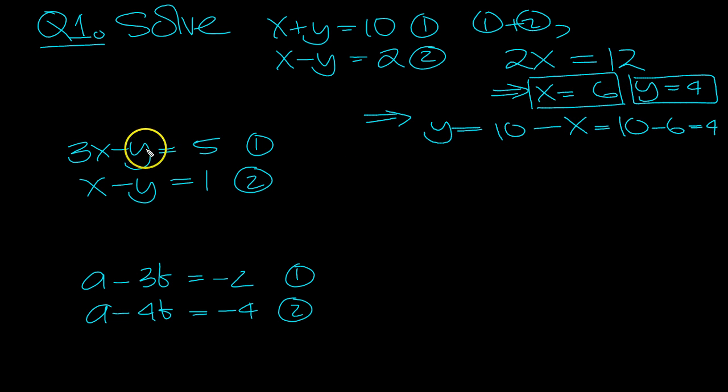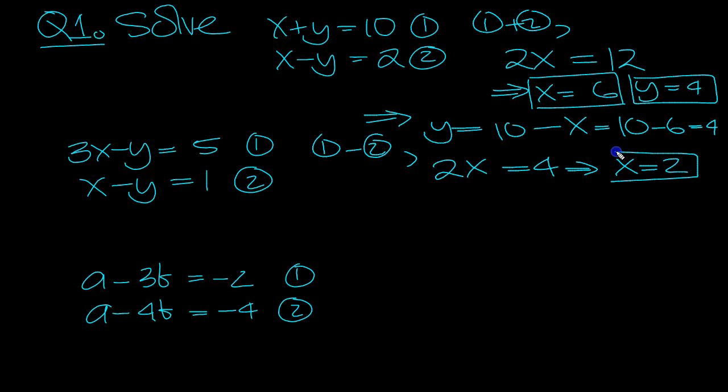Next one. These are the same value, so we can take one from the other, can't we? If we take this one, take that one, because this is bigger. So 1 take away 2 on both sides then. This lot take away that lot. This take that will cancel, because they're the same. 3x take x is 2x. And on the other side, 5 take 1 is 4. So move the 2 down, we see x is 4 over 2, x is 2 then. And we can see what y is, can't we?